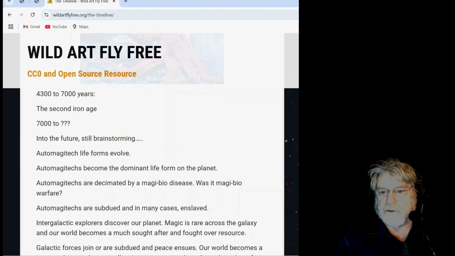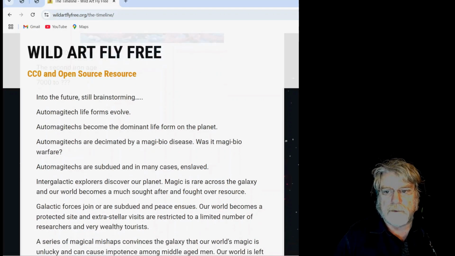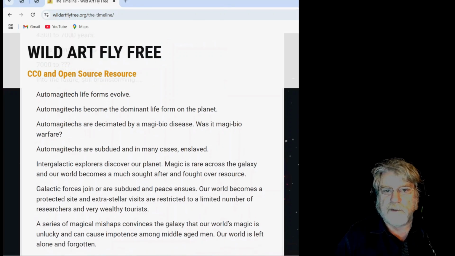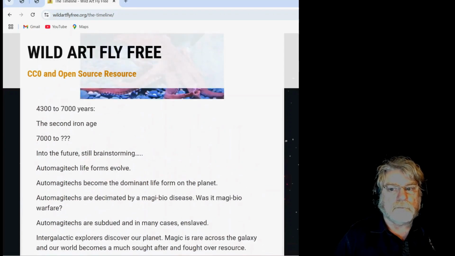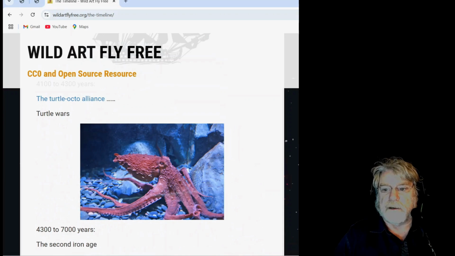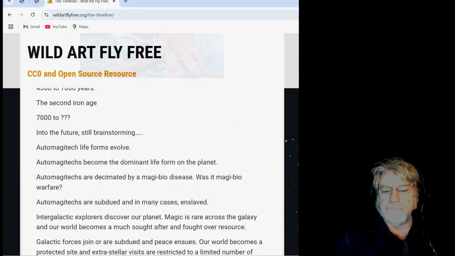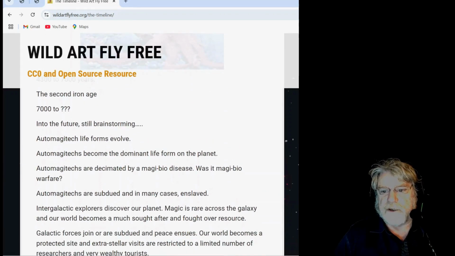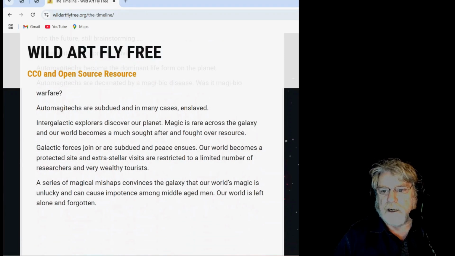Automagitechs are subdued and in many cases enslaved. Okay, I'm guessing maybe by us peoples that aren't made out of machines. Intergalactic explorers discover our planet, Opsapuduk. Magic is rare across the galaxy, and our world becomes a much sought after and fought over resource.